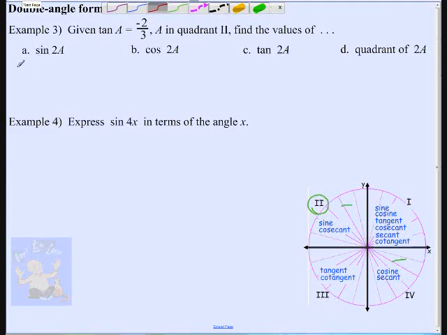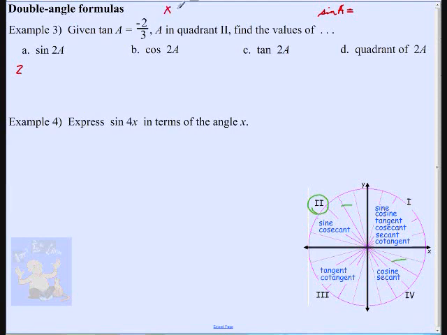This will be 2 times the sine of the single angle, well, I better figure out what the sine of the single angle is. The sine of A, well, in the second quadrant, it's going to be positive. I know what x is.